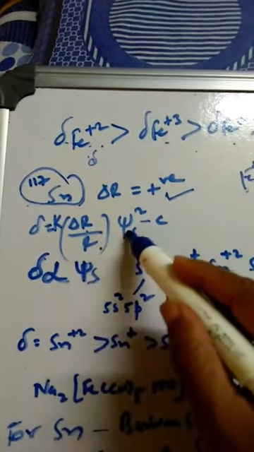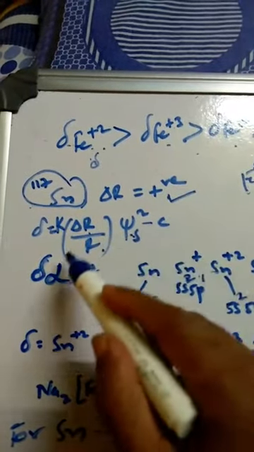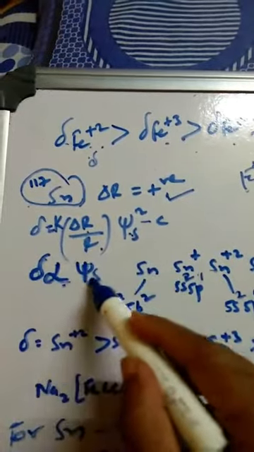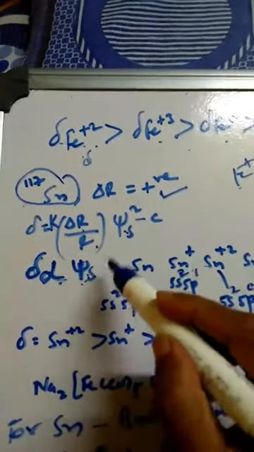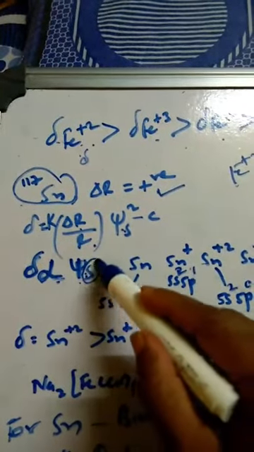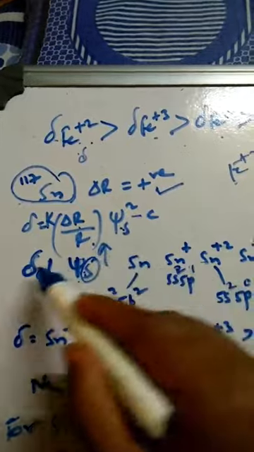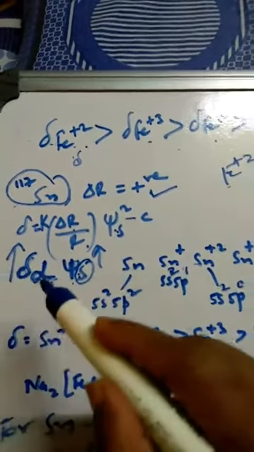If both are positive, the relation becomes directly proportional. So here the isomer shift is directly proportional to s electron density, quite opposite of iron. That means as the number of electrons in the s orbital increases, the isomer shift also increases, and will be high.